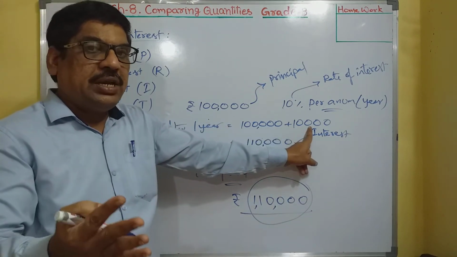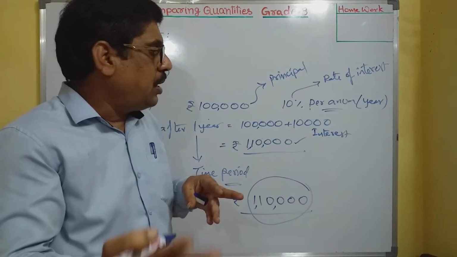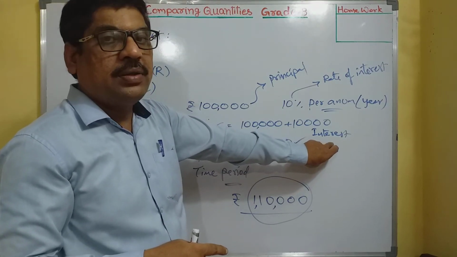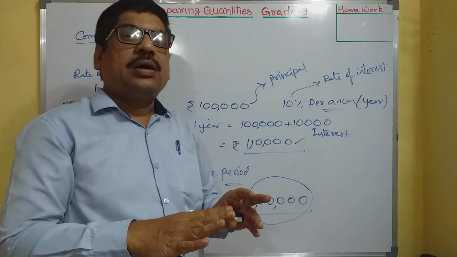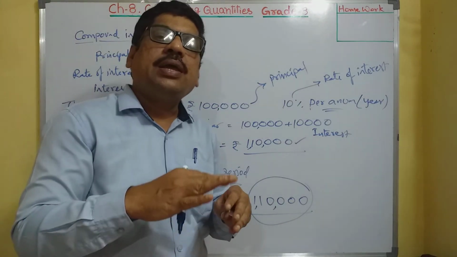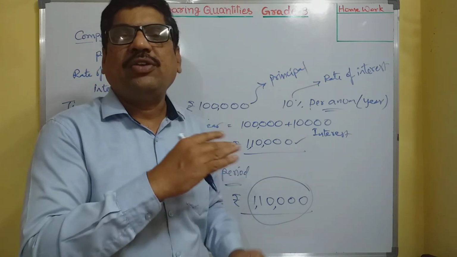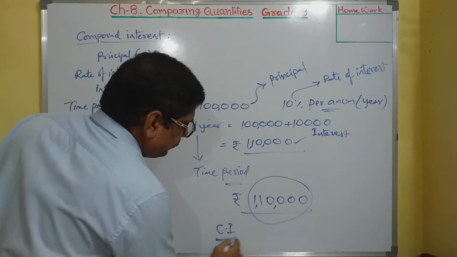In the next year you will get some more money, because the principal is added along with the previous interest. So the interest will be increased by year because the interest will be added to the principal. So that is called the compound interest.